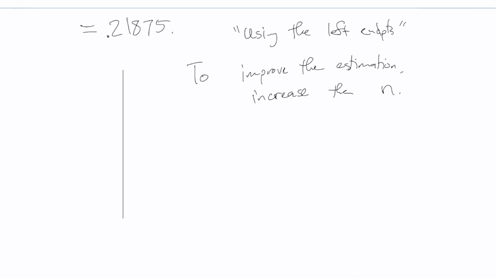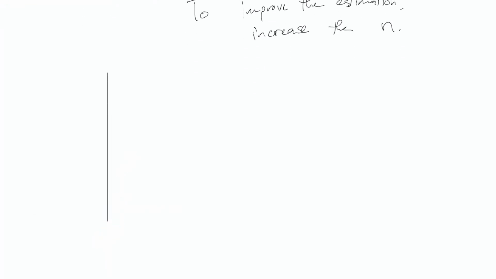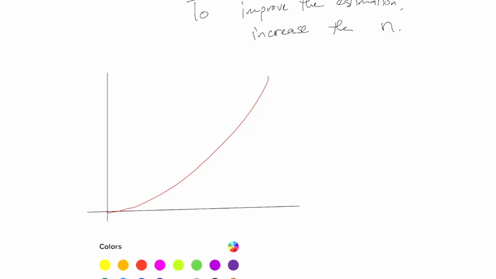Remember, n represents how many rectangles we use. See if you agree. In those cases, I used only 4 rectangles, and those rectangles were not all that close to the original curve. But what if instead of 4, I used many, many rectangles?